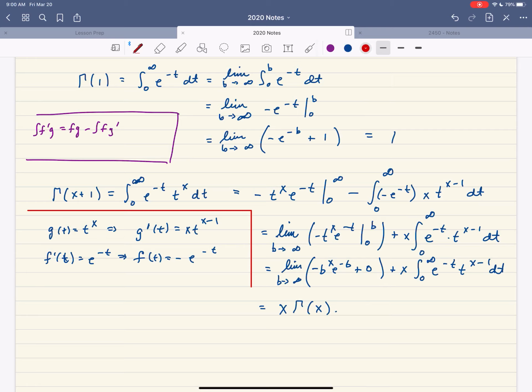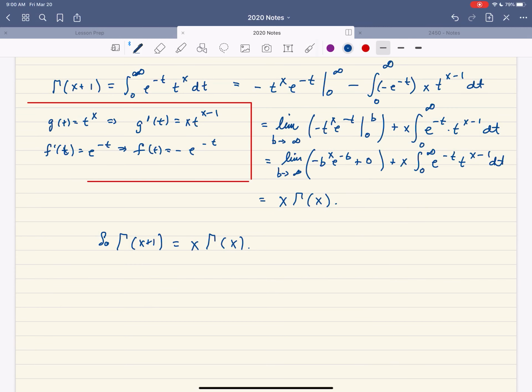So in conclusion, let's see what we've shown here. What we just said was that gamma of x plus 1 is going to be x times gamma of x. And we know that gamma of 1 is 1.